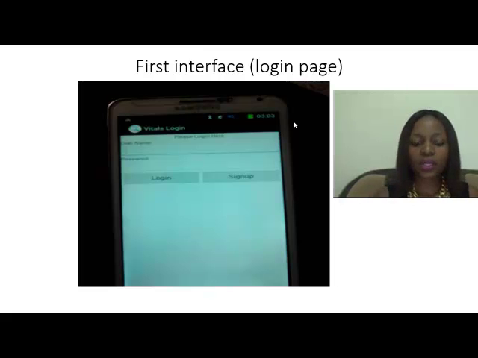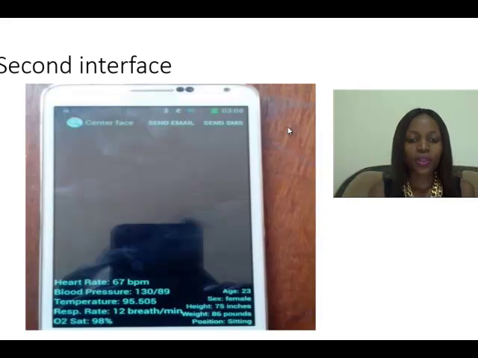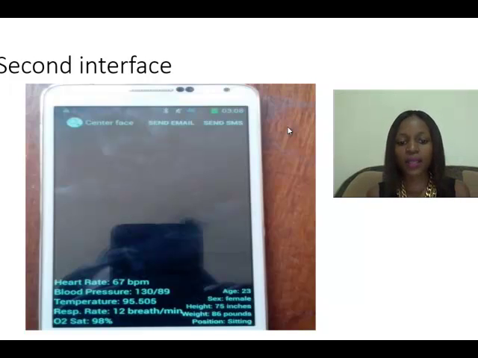As you can all see on our first interface, we have a login page. That's where someone is required to enter their username and password. And on the second interface, we have where someone is required to enter their age, their sex, their height, their weight, and their position.